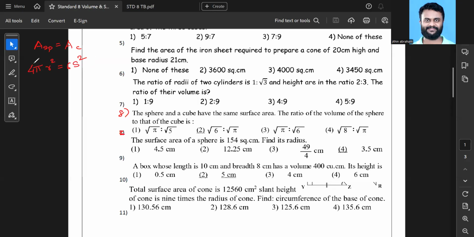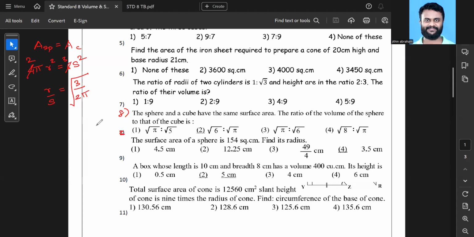When you try to cancel, you will get radius upon side as 3 upon 2 pi. This is a radius square, this is side square. When I take it to the other side, it becomes square root of 3 upon 2 pi.